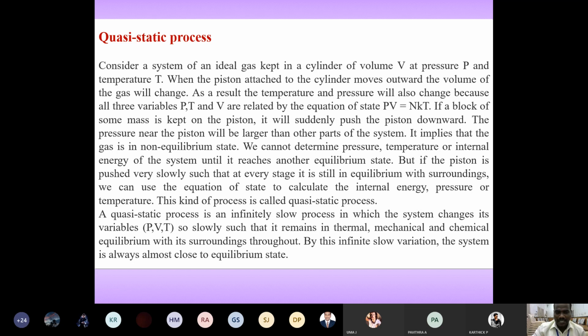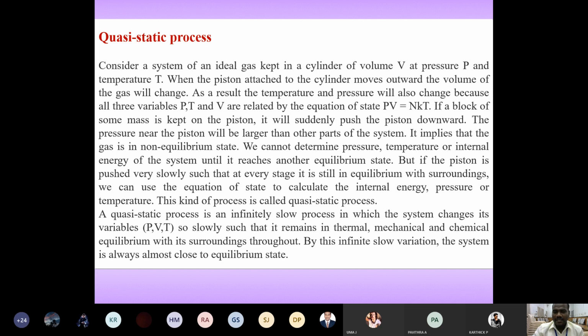The definition: a quasi-static process is an infinitely slow process in which the system changes its variables so slowly that it remains in thermal, mechanical, and chemical equilibrium with its surroundings throughout. If your process is quasi-static, this condition should be satisfied.